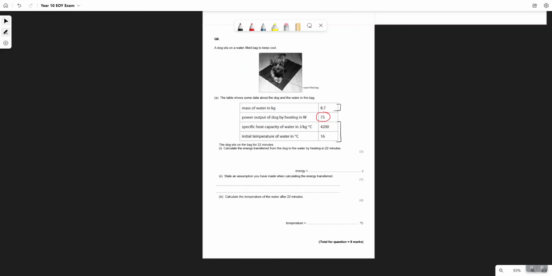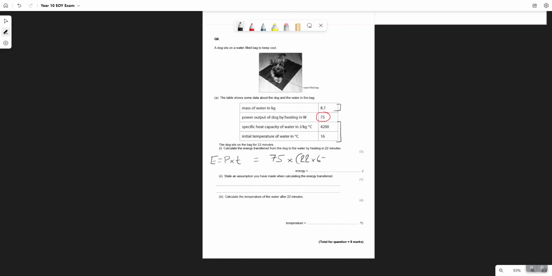So dog sits on the bag, and the energy transferred: we want energy is equal to power times time. So that is 75 watts times a time, which is 22 minutes.